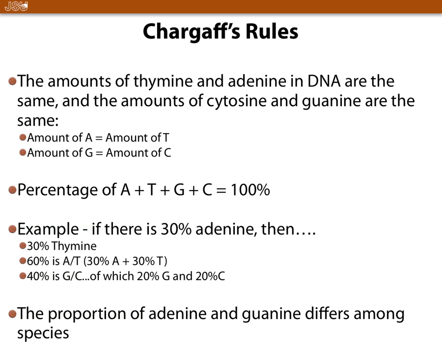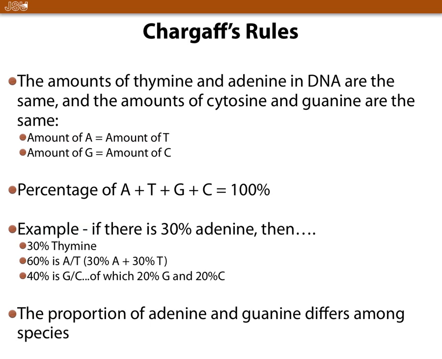So, if you have 30% thymine in your DNA sequence, you're going to have 30% adenine, because A matches with T, so everywhere there's a T, there's an A. What's left over will be the amount of GC, the guanine and cytosine.